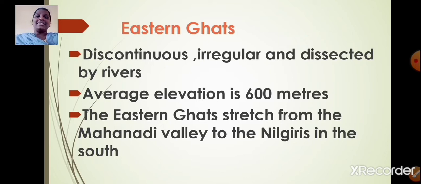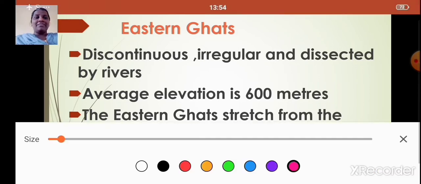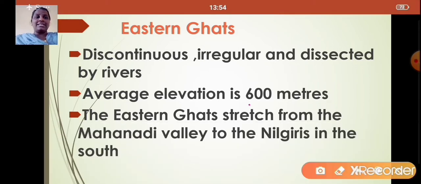And it is dissected by rivers. Dissected means divided or separated. Okay. Average elevation of Eastern Ghats is 600 meters. So average elevation, if you see, it is 600 meters. The Eastern Ghats stretch from the Mahanadi Valley to the Nilgiris in the south.